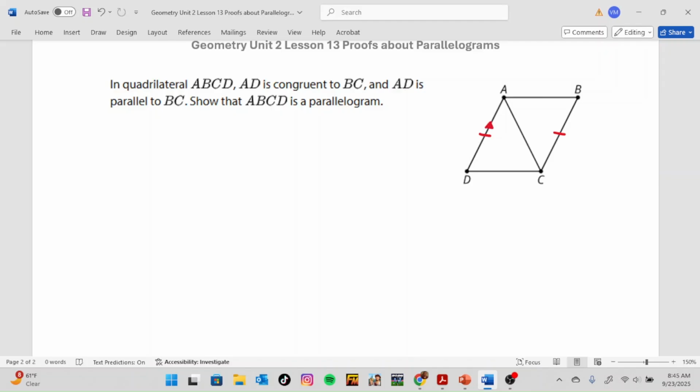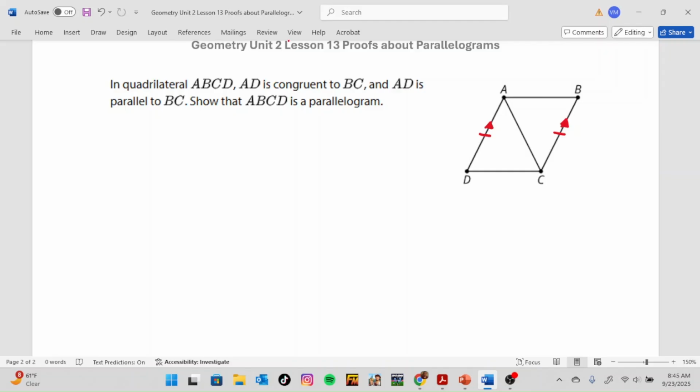So I'm going to put the little arrows to mark these as parallel. They want us to show that ABCD is a parallelogram.